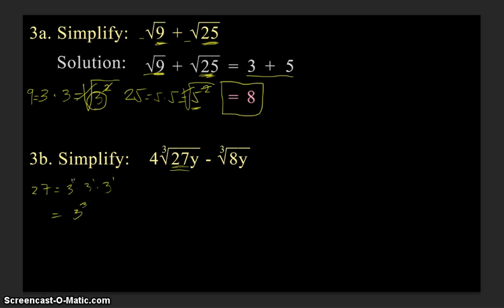So, yan natin yung exponent na 3. So, meron tayong tatlong 3. So, cube root of 3 cube is equal to 3. So, cancel natin yan. Lalabas si 3. Okay.